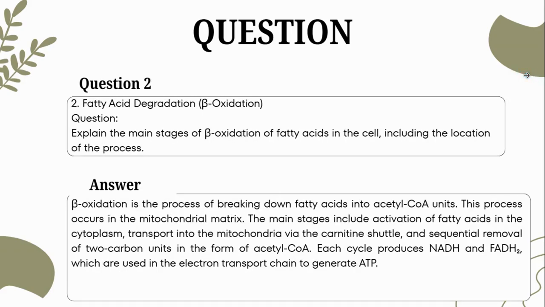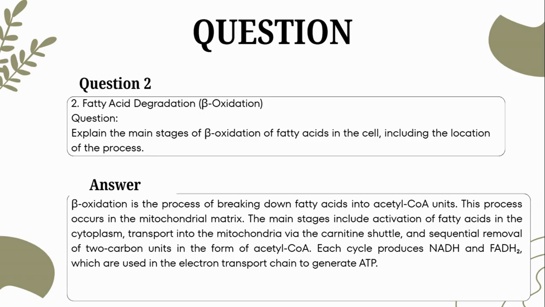The next question is about fatty acid degradation or beta oxidation. Explain the main stage of beta oxidation of fatty acid in the cell, including the location of the process. Beta oxidation is the process of breaking down fatty acid into acetyl CoA units. This process occurs in the mitochondrial matrix.